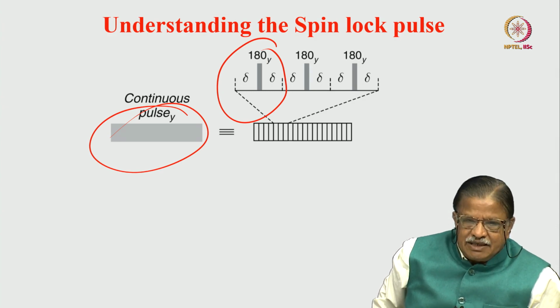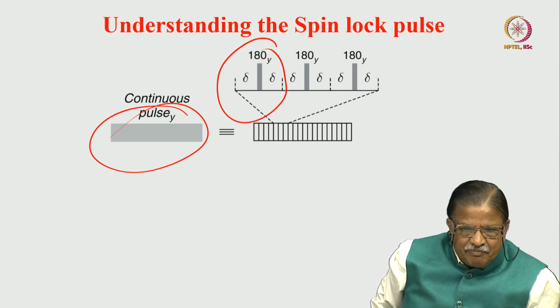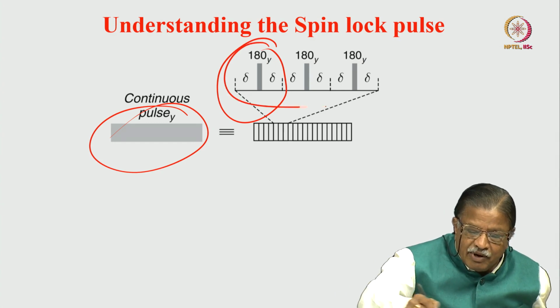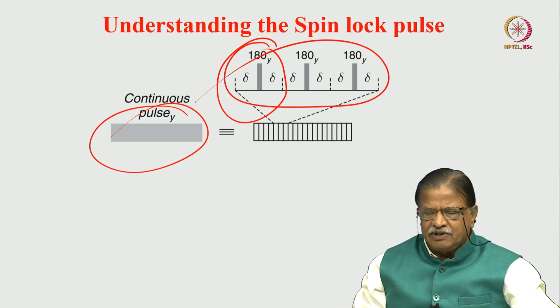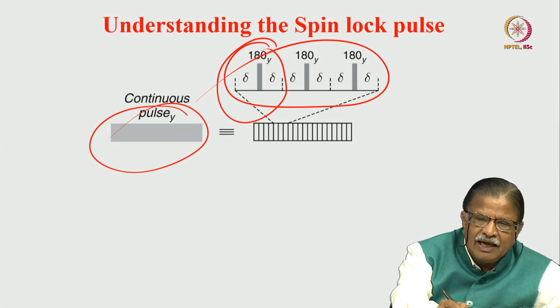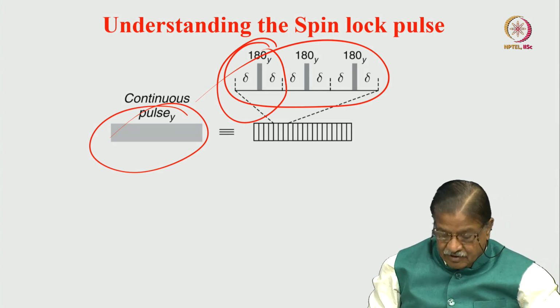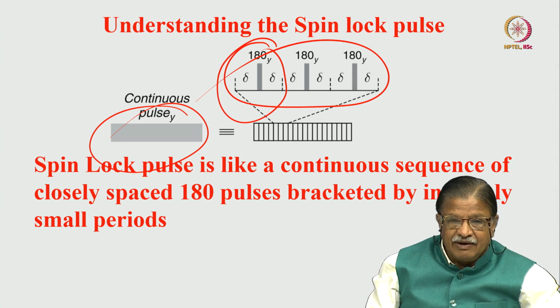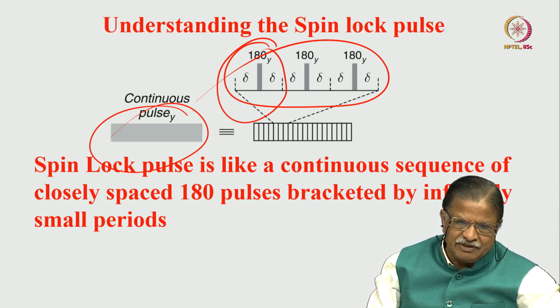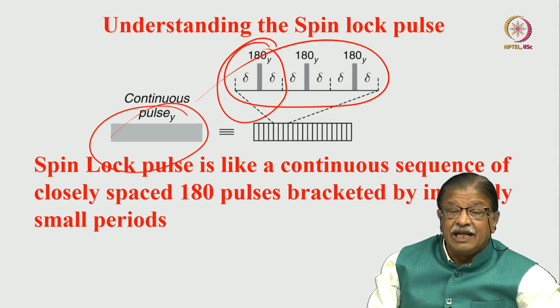Can we not imagine this mixing pulse, a continuous RF pulse, as if it is broken into an innumerable number of pulses with a minute delay between them, a very small delay? It is nothing but closely spaced 180-degree pulses with delays between them, n such spin echo sequences.